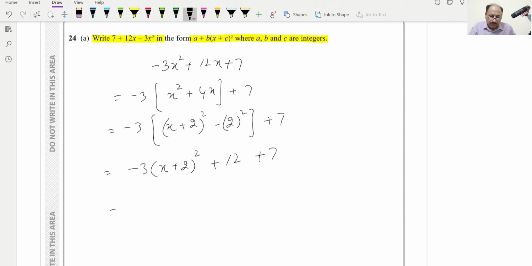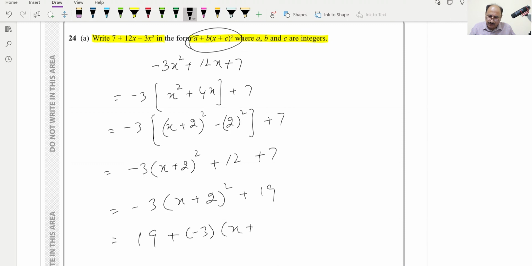So this will become 3 into x plus 2 squared minus 5, and now we can compare it with the given equation. So a will be equal to what? If we rewrite it, they are asking for the form a plus b into x plus c squared. So if we check, now we can compare this.